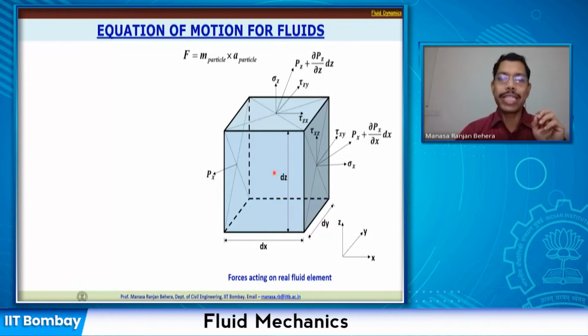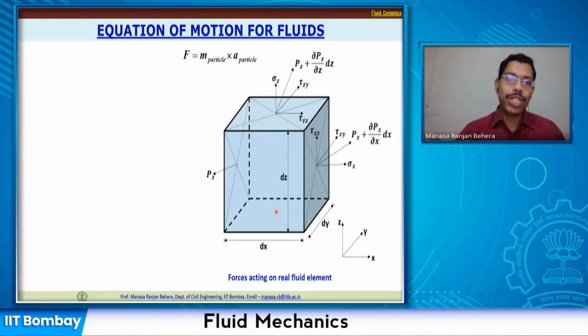As we have already discussed, there is going to be gravity force. That is the weight of this fluid element acting on it. If we are taking vertically downwards, the weight is going to act vertically downwards. So volume multiplied by unit weight will give you the weight of that fluid element.